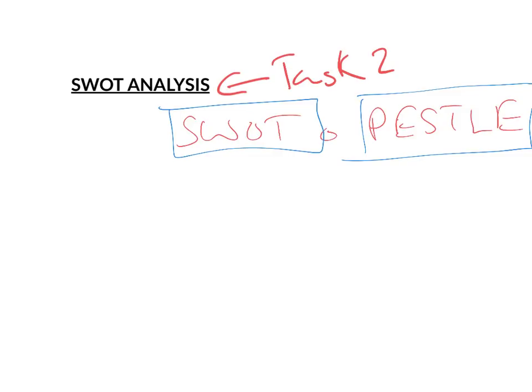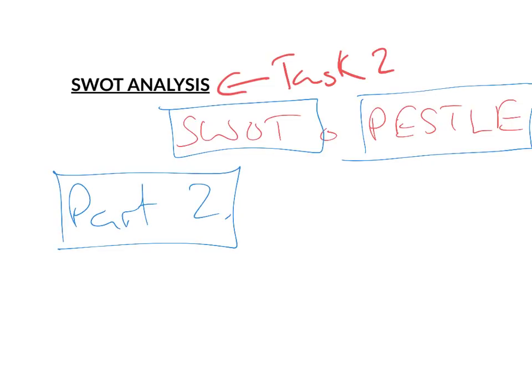Again, remember, you're taking your information from Part B. We don't really know what it's going to be, but if it's a sole trader, a PLC or an LTD, they will have different strengths, weaknesses, opportunities and threats that may well influence your decisions.